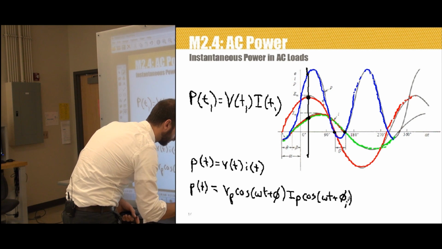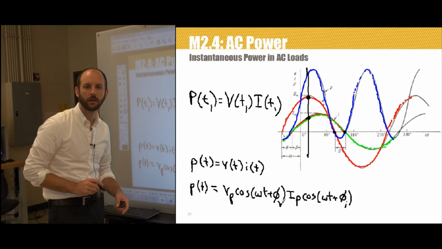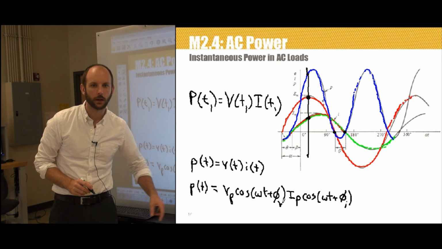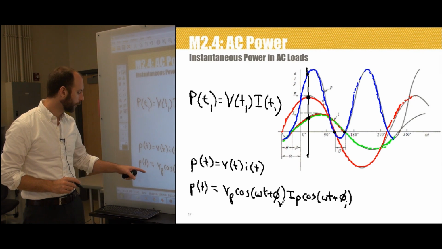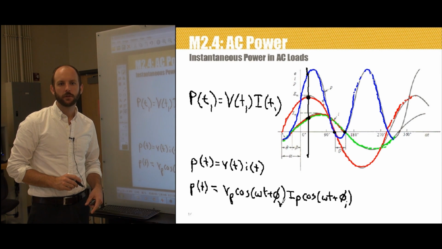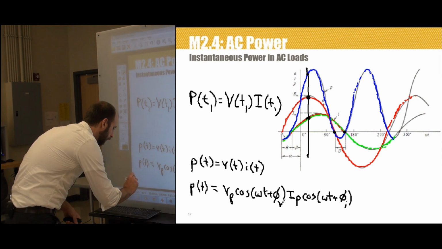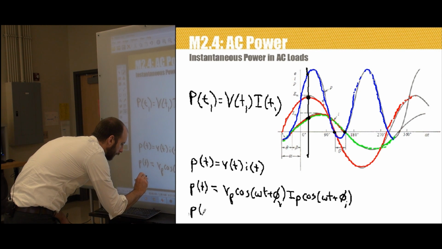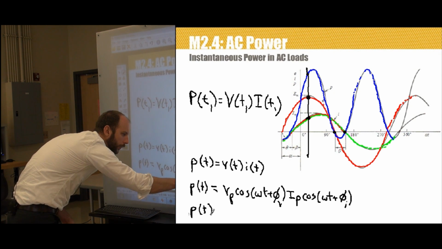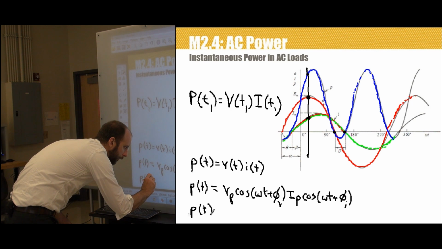Since we have two phase shifts, we're going to have one for voltage and one for current. So p of t is just V peak times I peak times the cosine of the voltage argument times the cosine of the current argument.